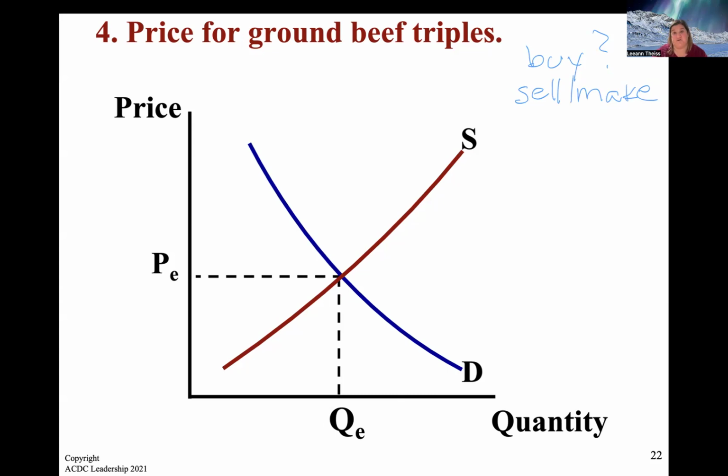What shifter is this? Look at your list. The price of ground beef goes up. The shifter for this one is input costs, right? Buying the ingredients has become more expensive for our producers. So this is going to shift the supply curve.